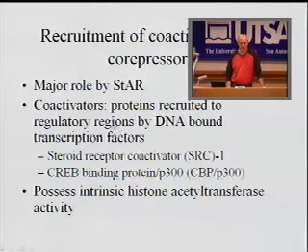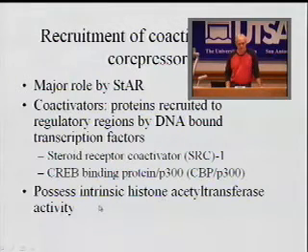So on the STAR promoter region, these co-activator types of proteins are essential for bringing about the STAR gene expression. And what these do is they possess an intrinsic histone acetyltransferase activity.